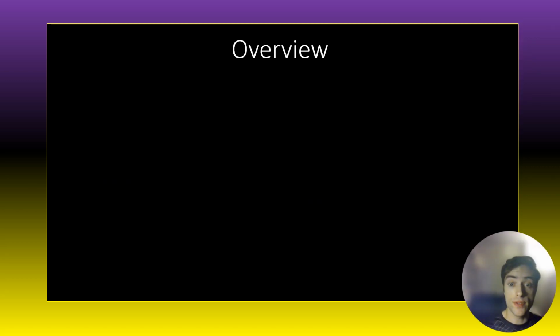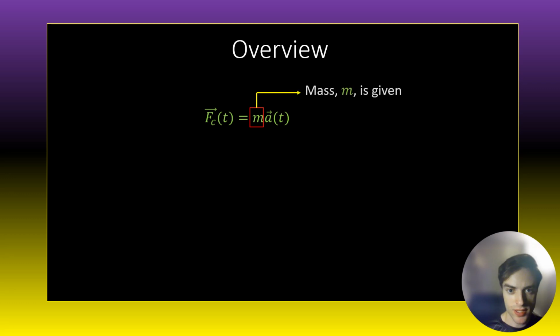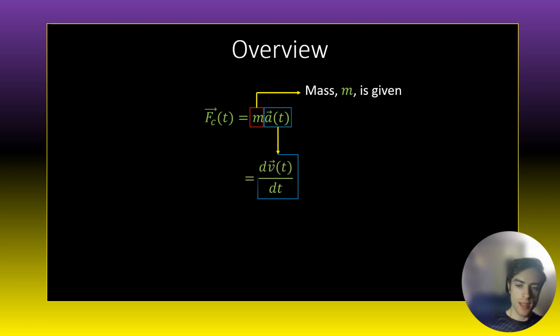Alright, so here's an overview of how this problem may be solved. So we start with force must be equal to mass times acceleration, of course, and the mass is given as a constant called m, and the acceleration, however, is not explicitly given, but we know it's equal to the derivative of velocity with respect to time.